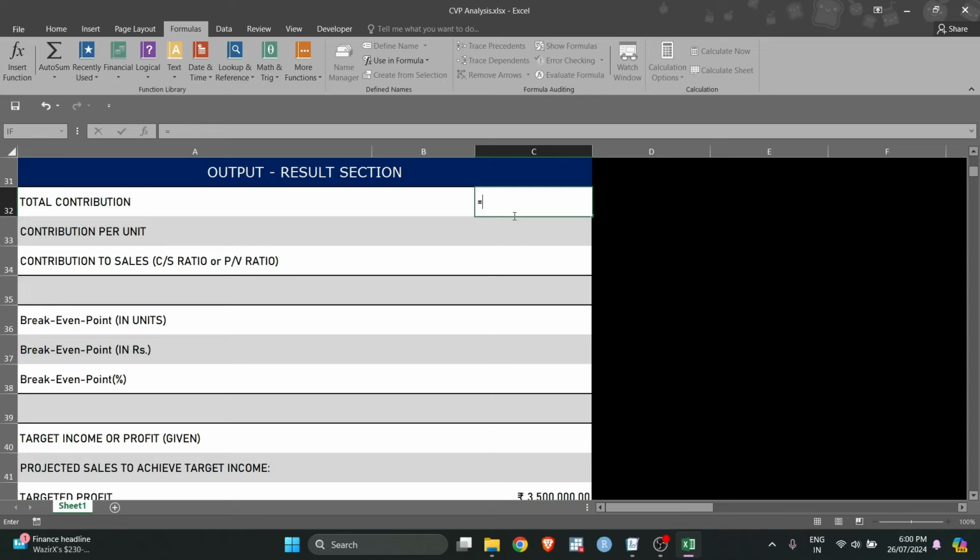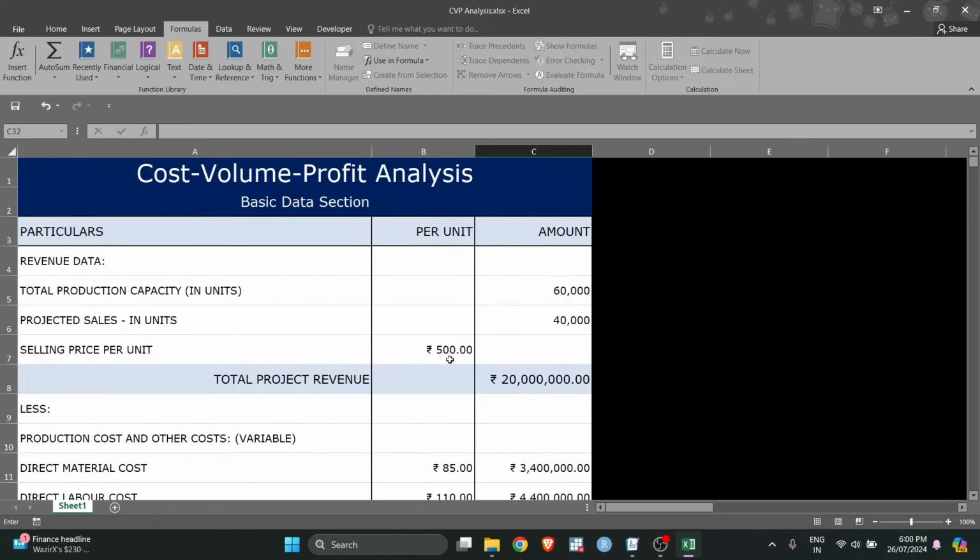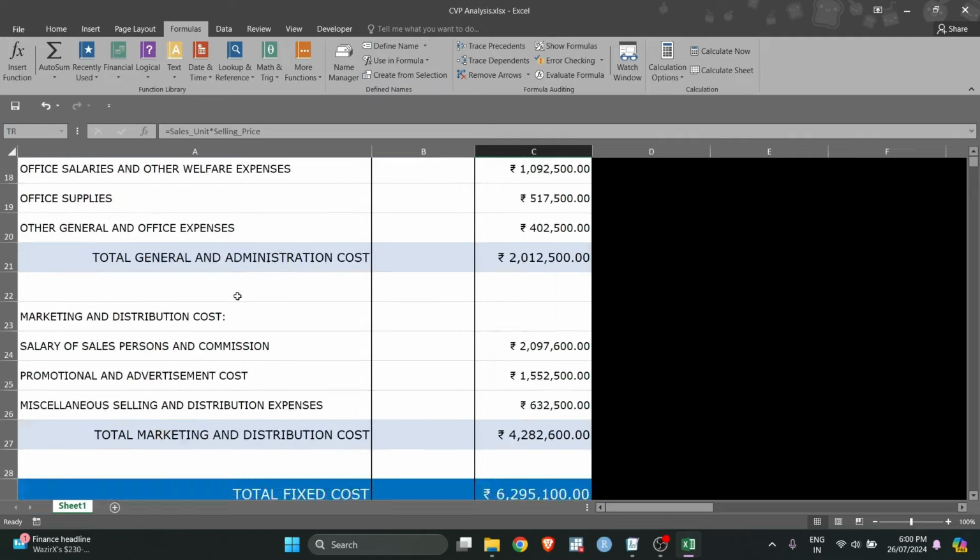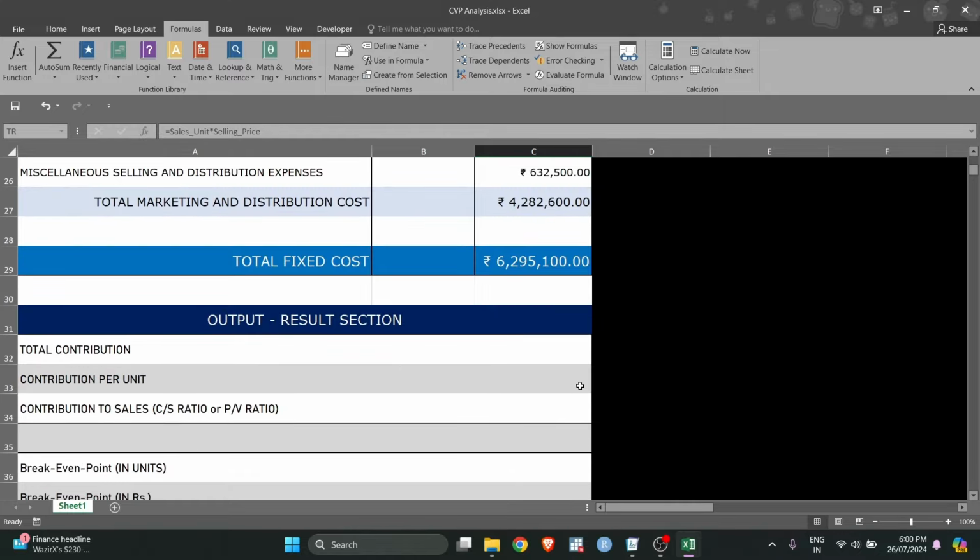Total sales is total revenue only. Have I renamed it? I don't think so. I have renamed it as total revenue. Total contribution is equal to total revenue minus total variable cost. Hit enter. So here we go.